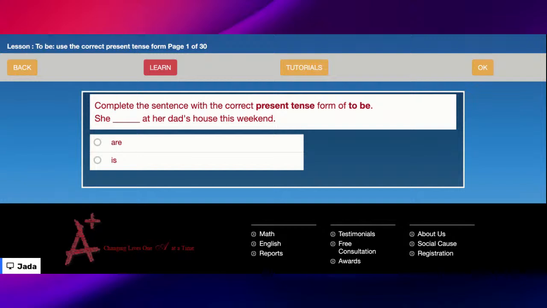So, complete the sentence with the correct present tense form of to be. She dash at her dad's house this weekend. So, what's your answer here, guys?